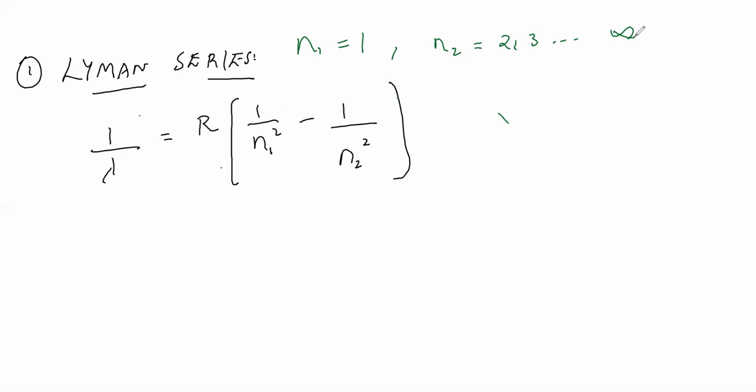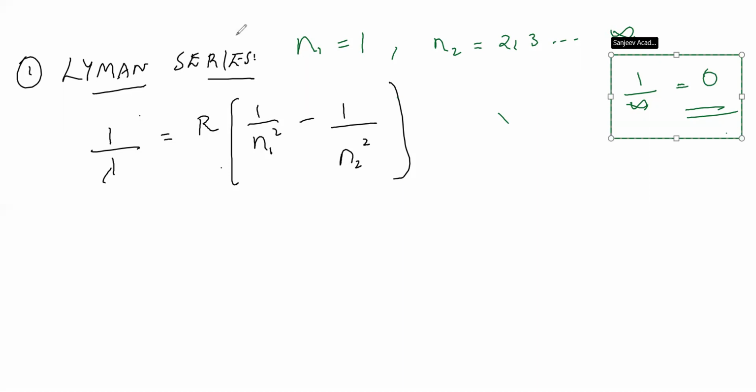We should know one more thing: 1 by infinity value is always 0. In entrance exams, if the same kind of question is given, we mostly use the 1 by infinity value.